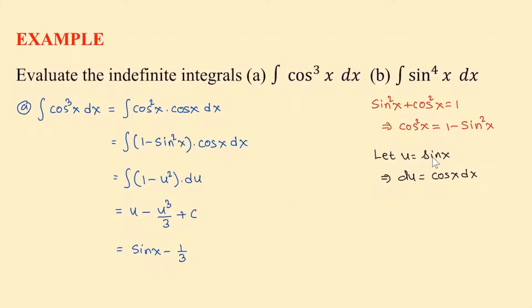That is, we are cubing the sine function, which will be sine cubed x. Sorry about that. Plus the constant of integration c. So this is how you can evaluate the integral of cosine cubed x. We used u substitution and we evaluated cosine cubed x.